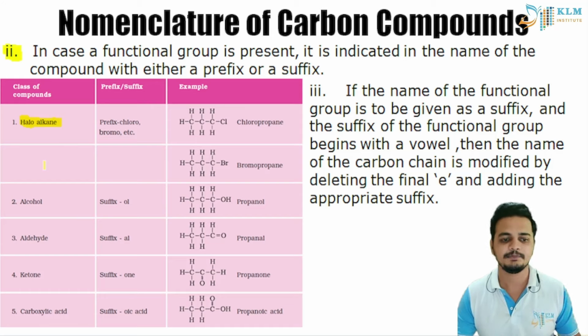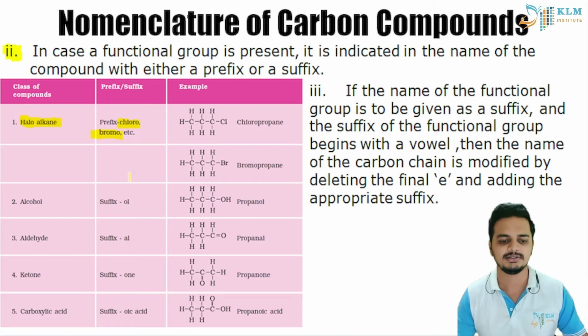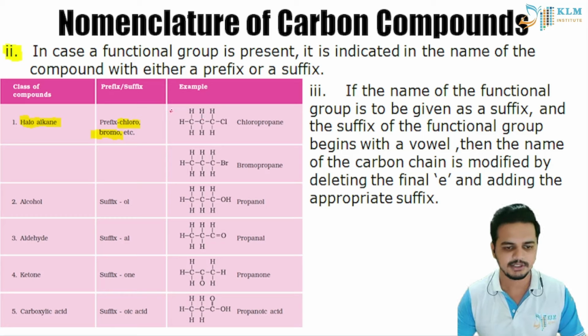That is if chlorine, bromine or iodine is present, so a halogen is present in the compound. So we will add a prefix to it. If you have chlorine, bromine or iodine in the compound, we add chloro, bromo or iodo.